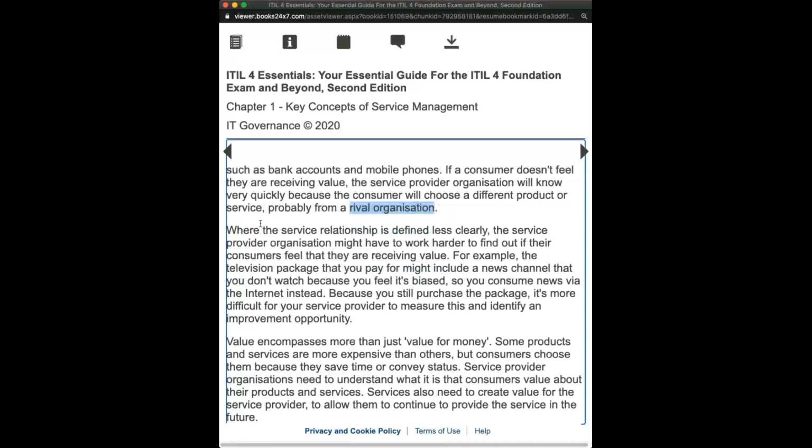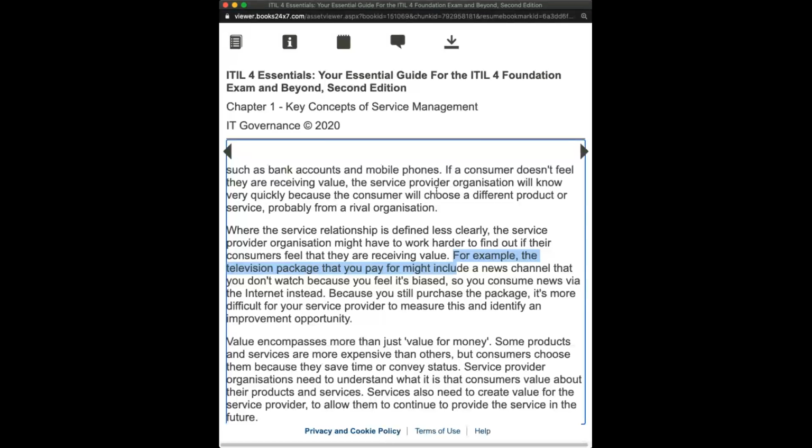Where the service relationship is defined less clearly, the service provider organization, that is the company, any company, might have to work harder to find out if their consumers feel that they are receiving value. So there's an example. The television package that you pay for might include a news channel that you don't watch because you feel that it's biased, meaning it's always leaning pro government or always anti government.